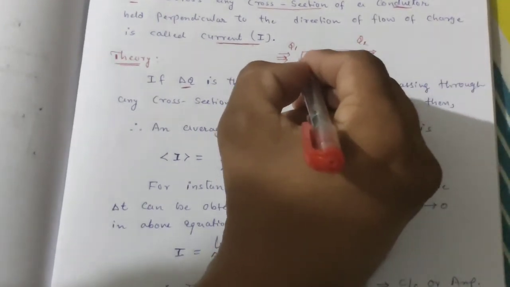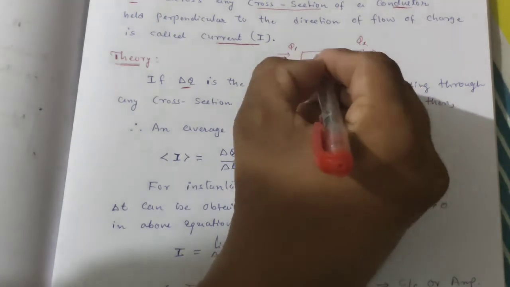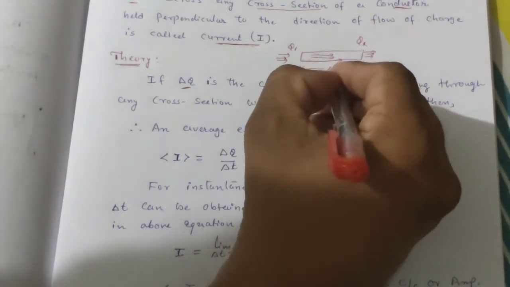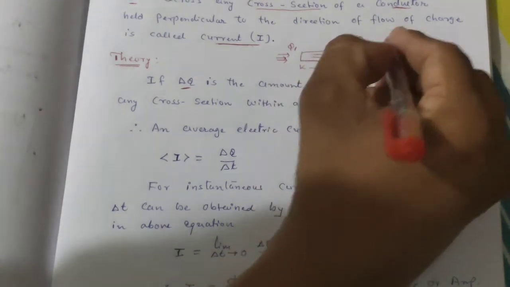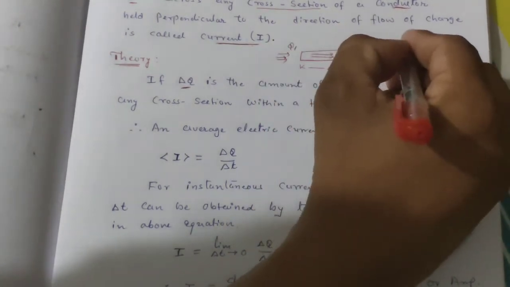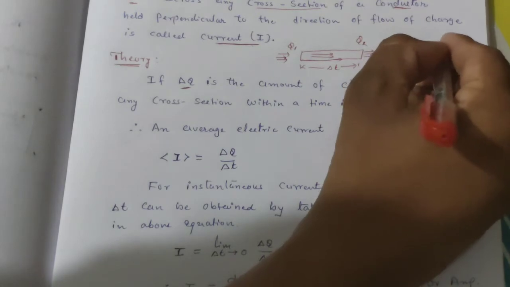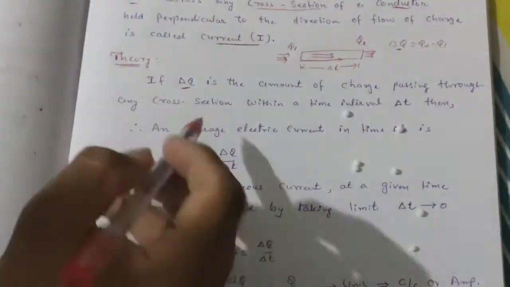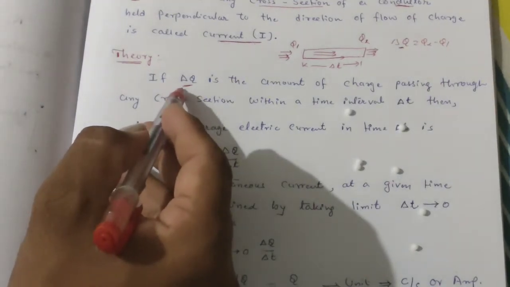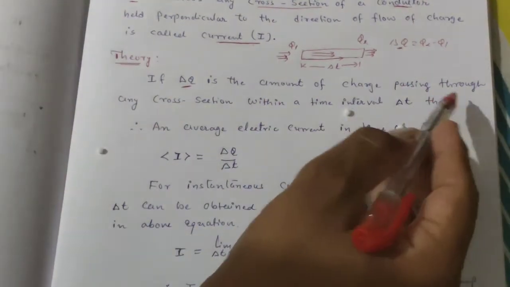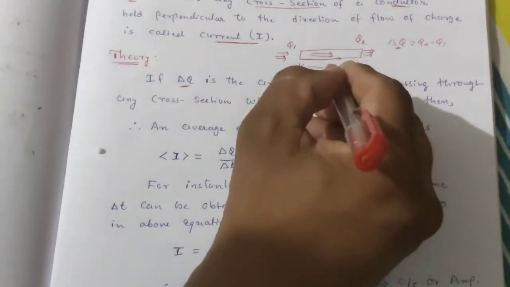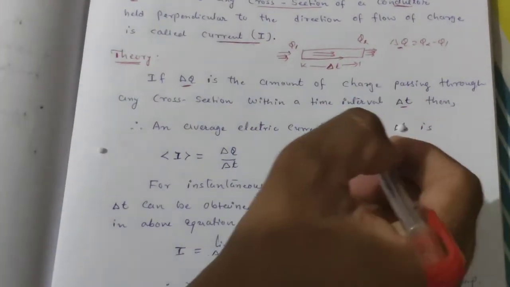And the time for passing the charges through this wire we are considering as delta t. So over here we have a difference, delta q equal to q2 minus q1. That difference we are considering over here. Delta q is the amount of charge passing through any cross section within a time interval delta t, that we already took over here.